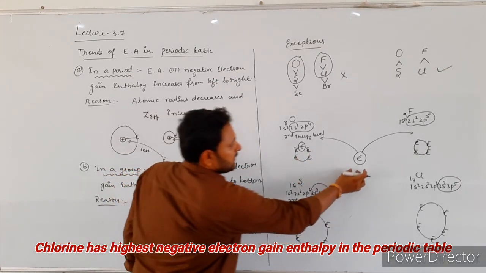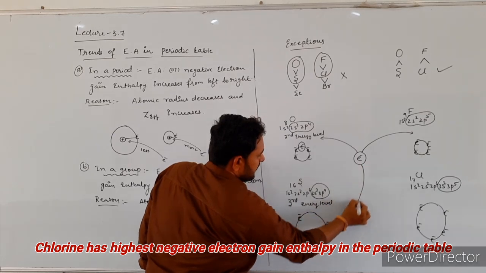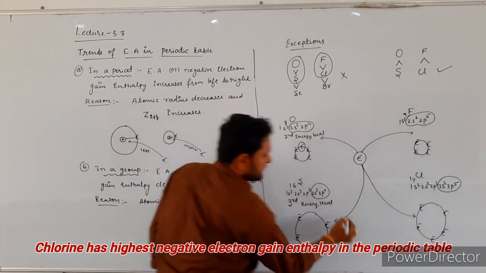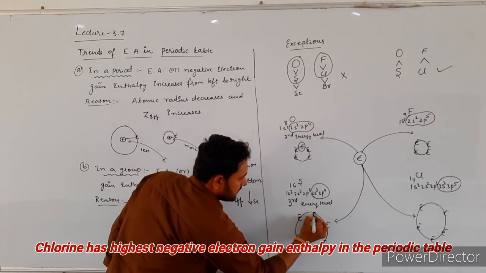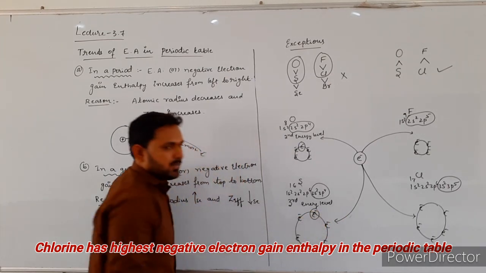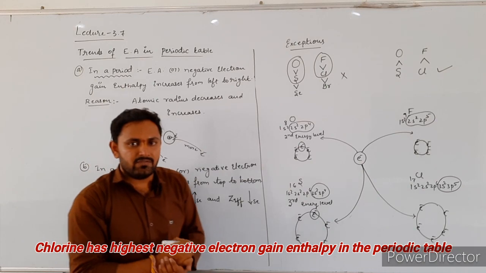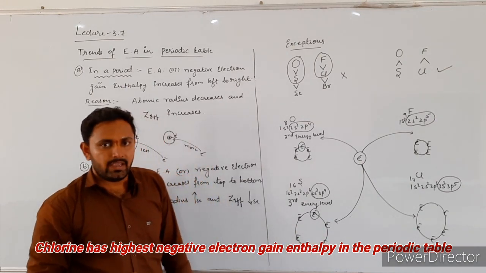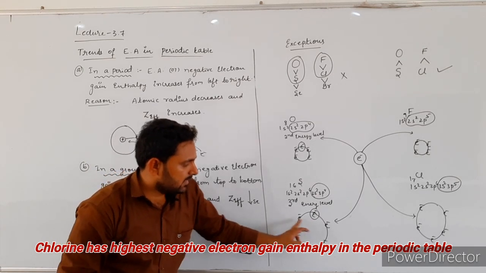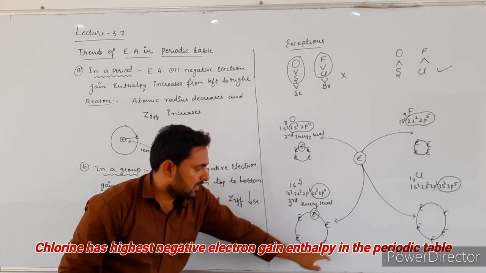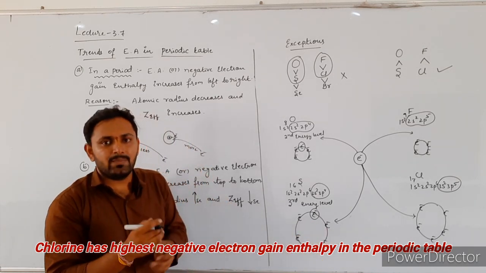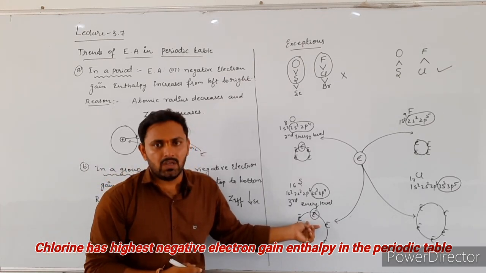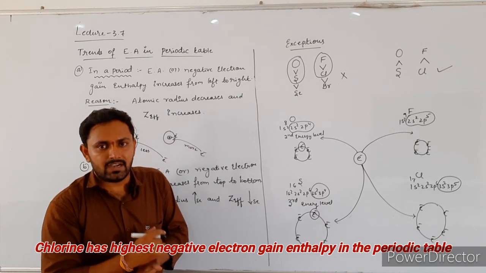If the same extra electron is added to sulfur and chlorine, this electron goes to the third energy level and it experiences less force of repulsion from other electrons present in the third energy level. Why? Because in the third energy level, all electrons are far away from each other. That's why the added electron experiences less repulsion.